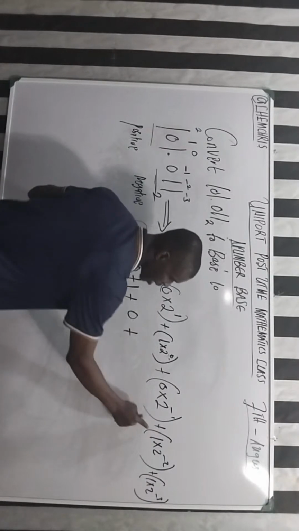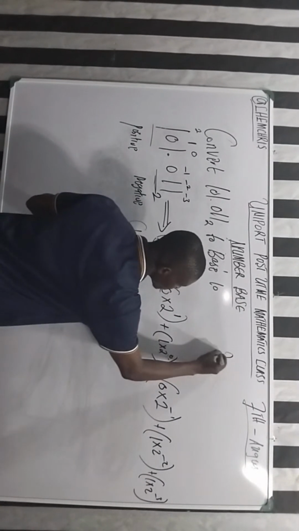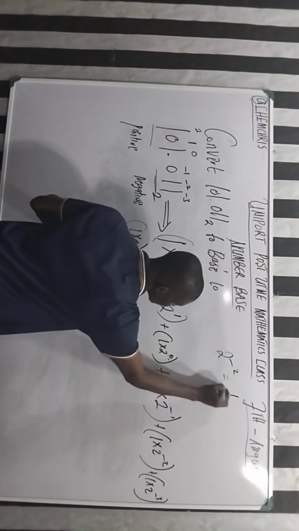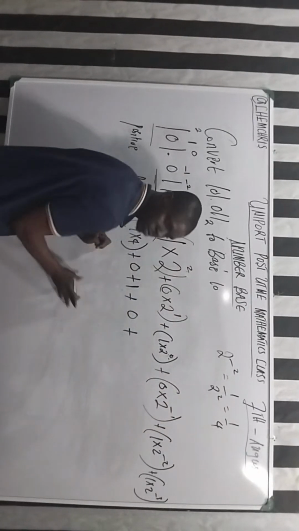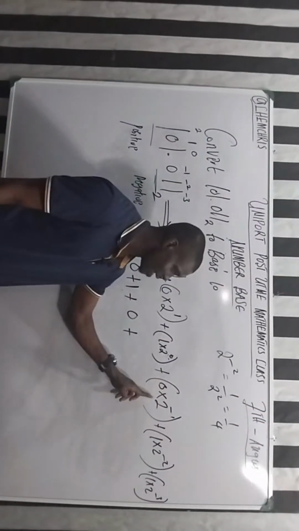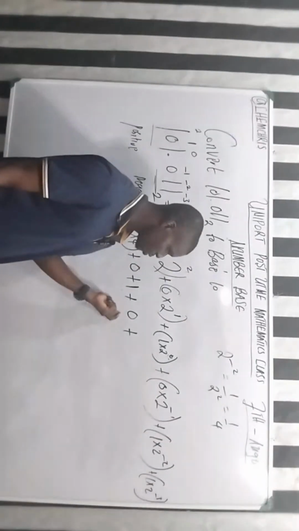Plus. Now look at something here. If you see something like 2 raised to the power minus 2, what does this mean? It means 1 over 2 raised to the power 2, which is 1 over 4. Do you understand? Here we have 0 times 2 raised to the power minus 2, so everything here will be 0. That's why we have 0.